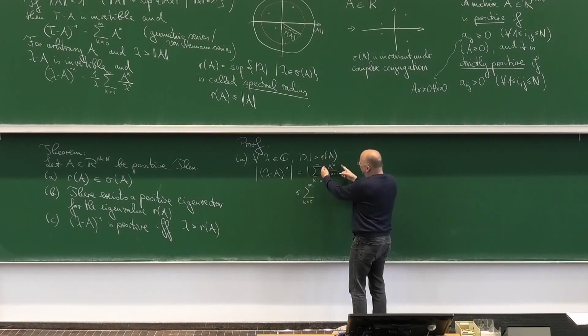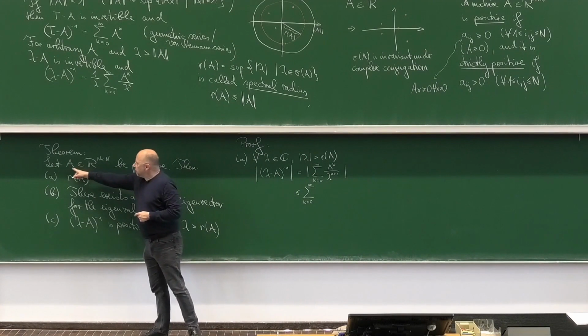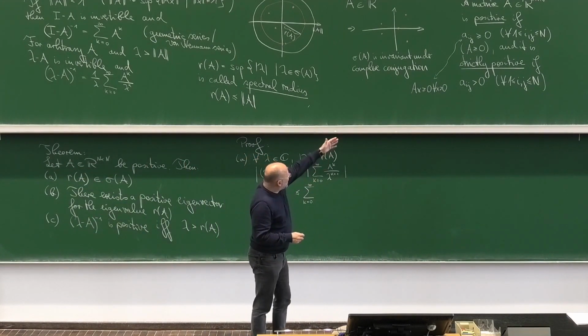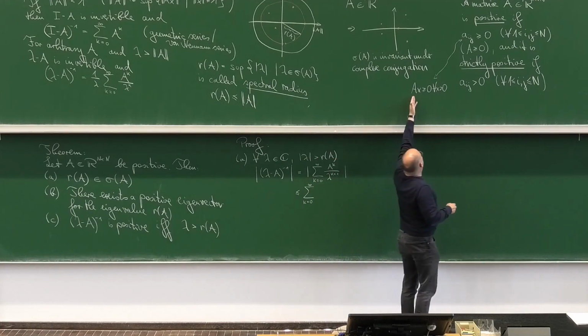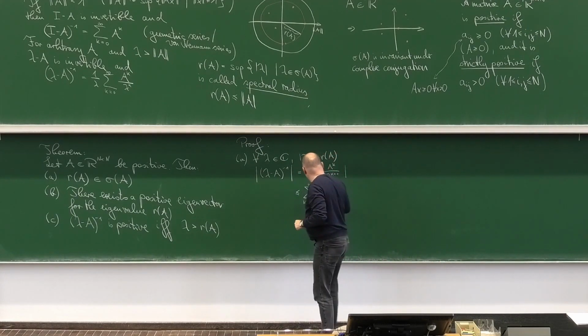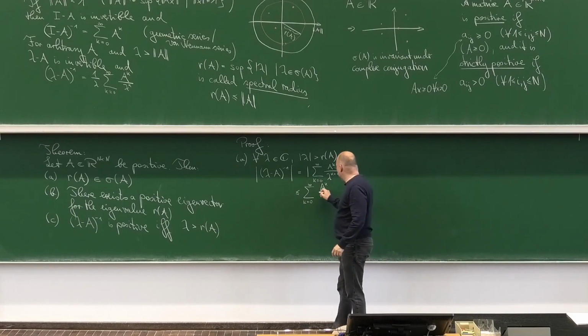And I would have to take the absolute value of a to the power k, but since a is positive, and there it's actually better to see it in this way, then also a squared and all the powers are positive. So the absolute value of a to the power k is just a to the power k because these are all positive matrices.